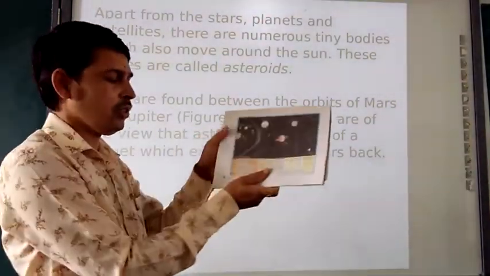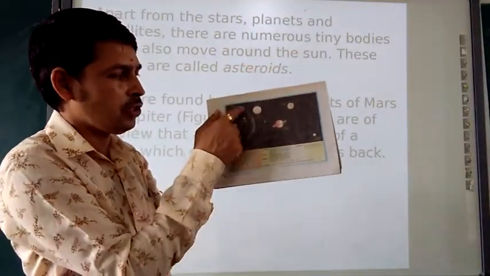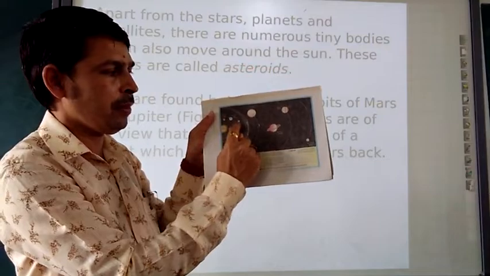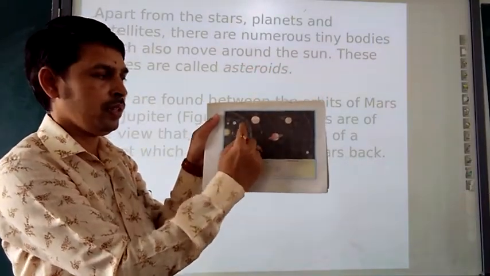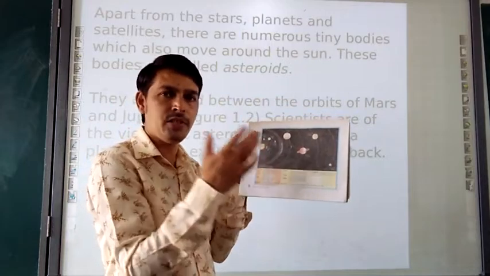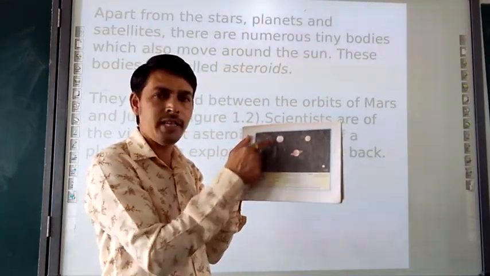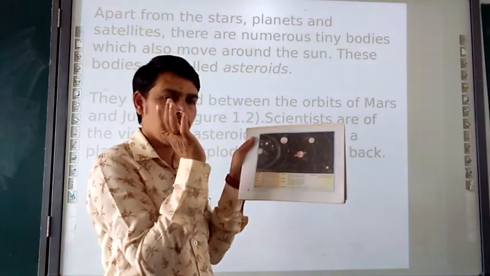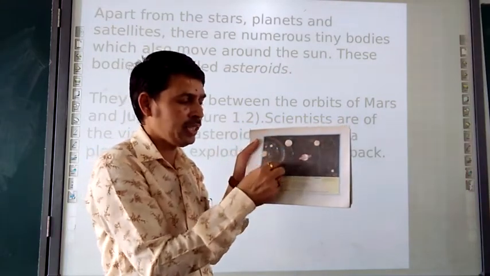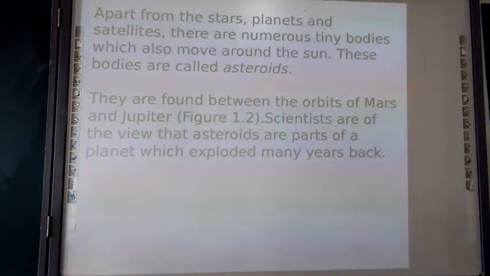In figure number 1.2, we see the asteroid belt between Mars and Jupiter. Mars is here, Jupiter is here, so this is the asteroid belt. This was already given to you for homework, so you know very well what the asteroid belt is. These tiny particles also move around the sun.